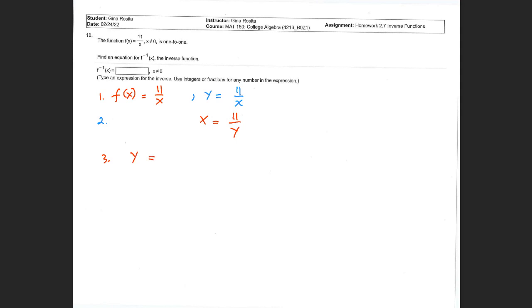So y equals 11 over x. Now step 4, replace y with f inverse of x. So it becomes 11 over x. That's all.